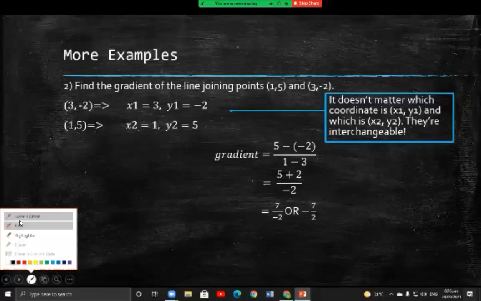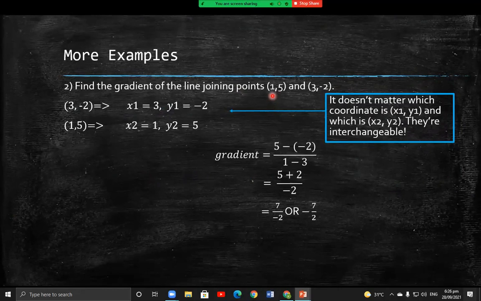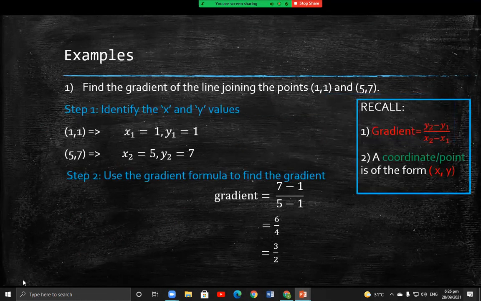Okay, so another example, they want us to find the gradient again. But in this case, our points are (1, 5), so x is 1 and y is 5, and (3, -2).